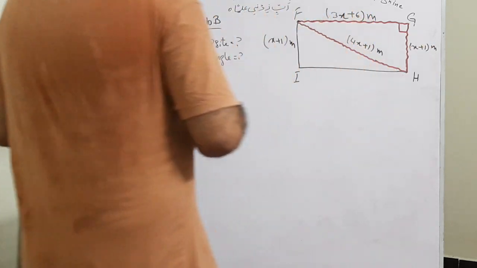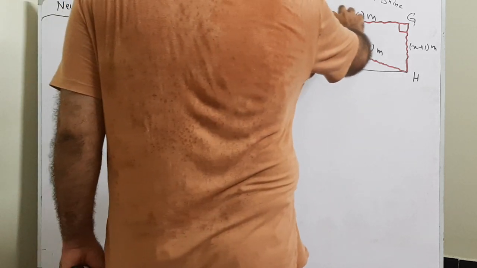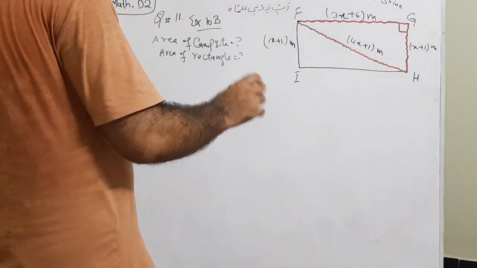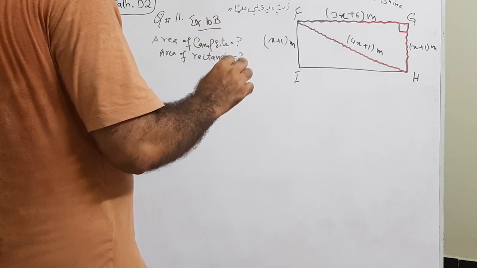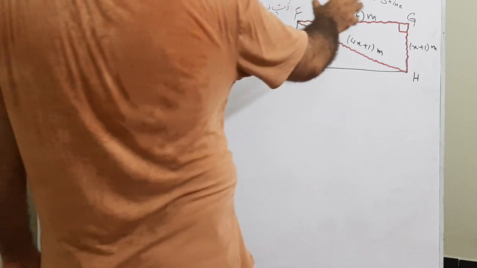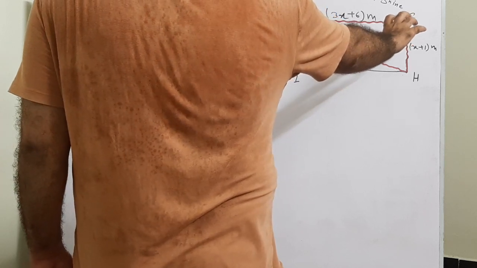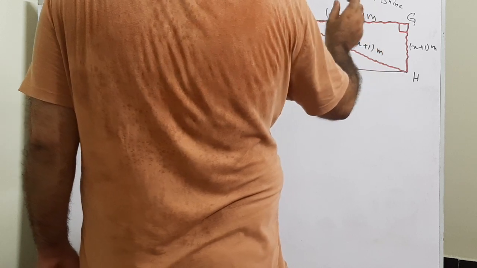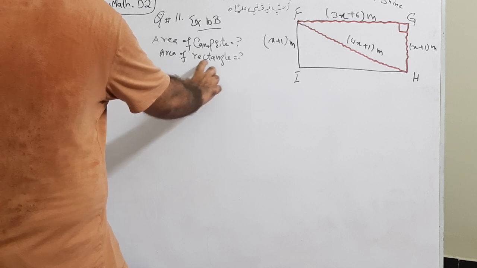meter. So what we will be doing is applying Pythagoras theorem to this red boundary right angled triangle. After applying this Pythagoras theorem, we will be getting some value of x. Once we get the value of x from this triangle, we will be applying that value of x to the formula of area of rectangle.